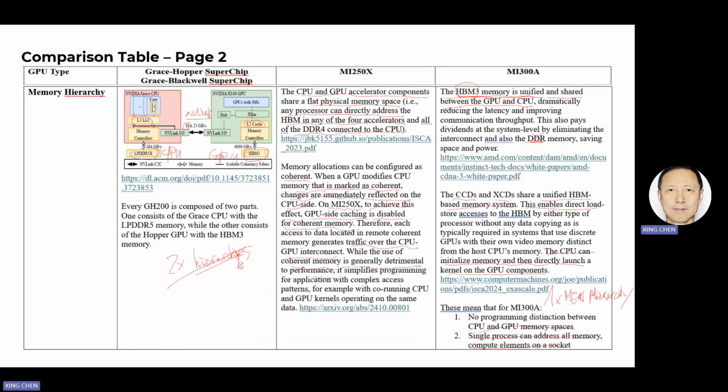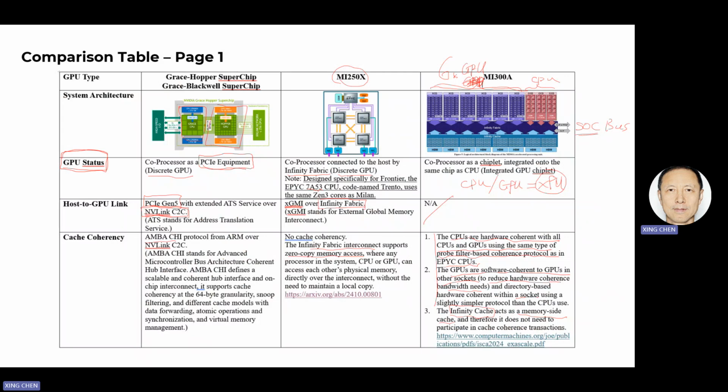So the short conclusion is that MI300A has brought the GPU into the very center of the chip, so it has the same status as the CPU.